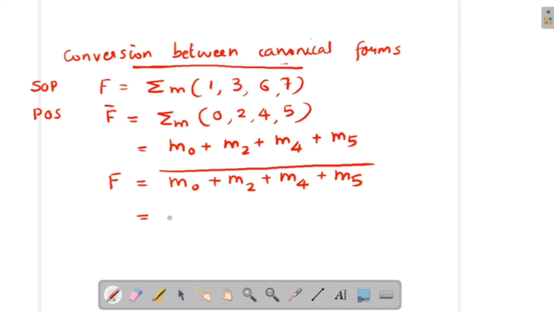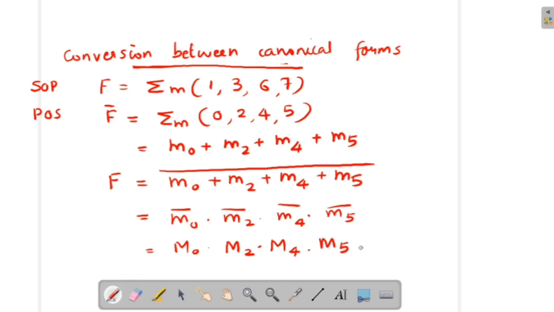Apply De Morgan's law, that is m0 bar into m2 bar into m4 bar into m5 bar, which is equal to capital M0 into capital M2 into capital M4 into capital M5. That is equal to pi m of 0 2 4 5.